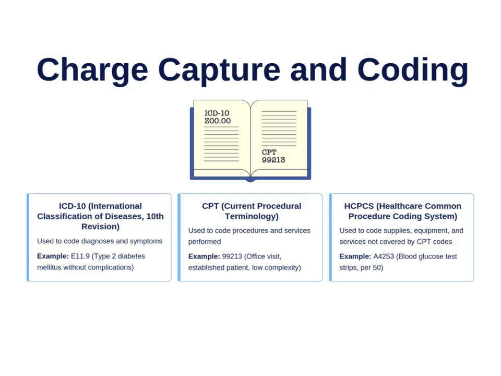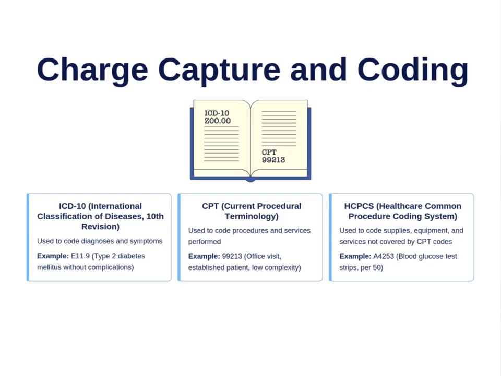CPT codes are Current Procedural Terminology. Those are the procedure codes or the service codes. Those are always five numbers, so five digits. This example is 99213, which is office visit, established patient, low complexity. So yes, there are codes that you put in to get paid just for the visit. But this also includes any labs, imaging, anything like that.